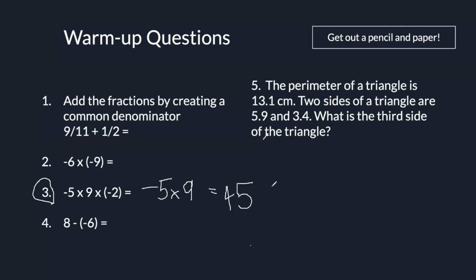So now instead of 9 times negative 2, it's 45 times negative 2, which equals, let me see, 45 times negative 2 is, let me see the work I did here. Okay, so 45 times negative 2.